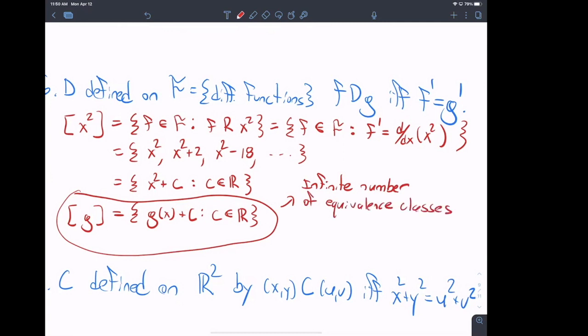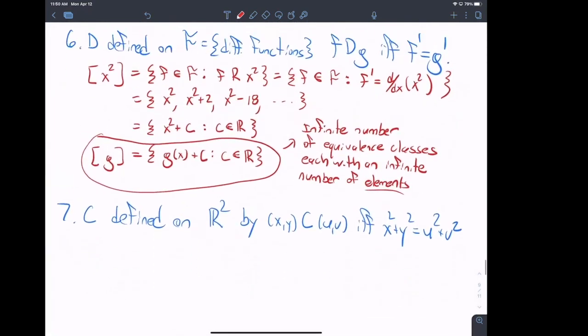This is a huge set, the set of all differentiable functions. So we have an infinite number of equivalence classes, each with an infinite number of elements, and the elements are differentiable functions. Okay, any questions?